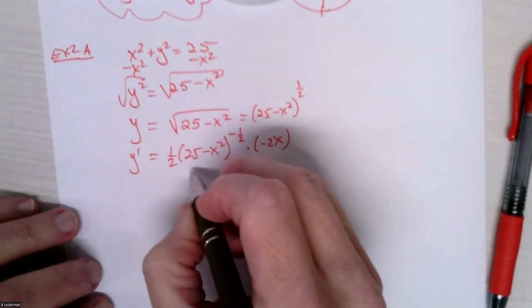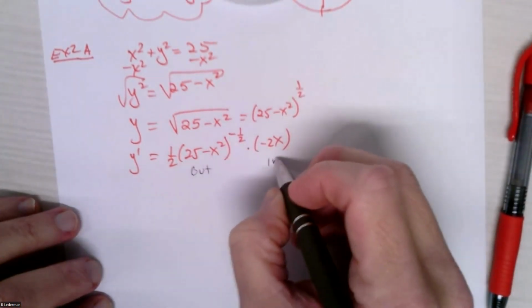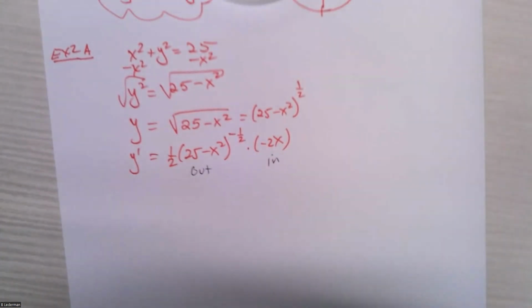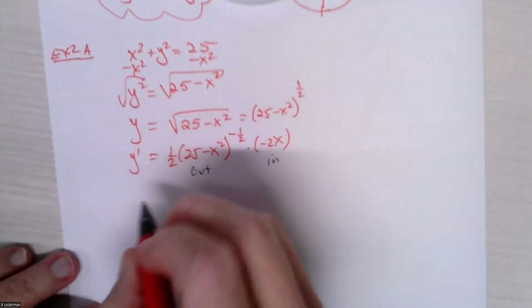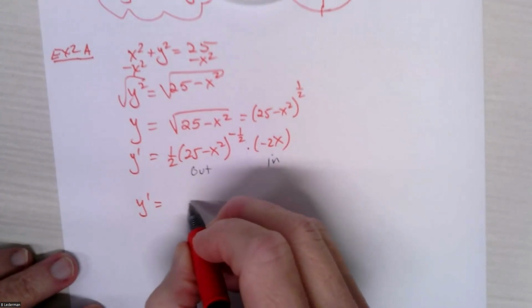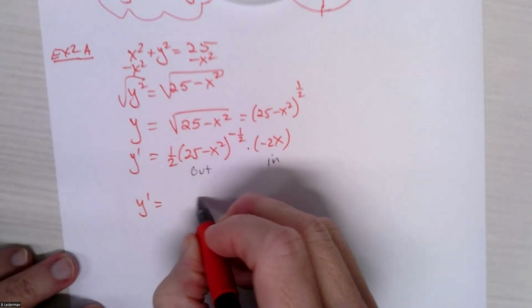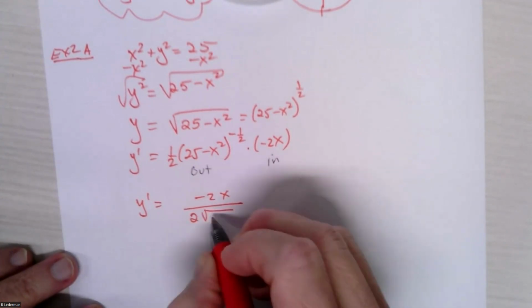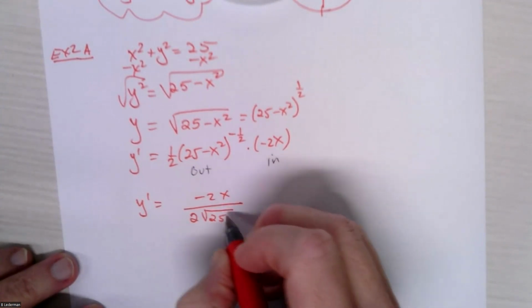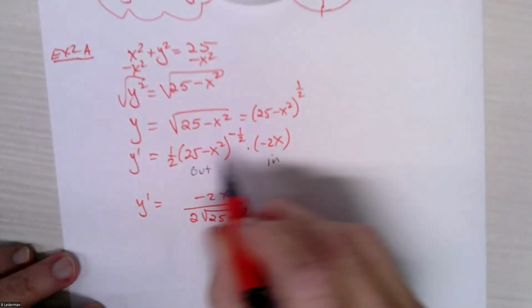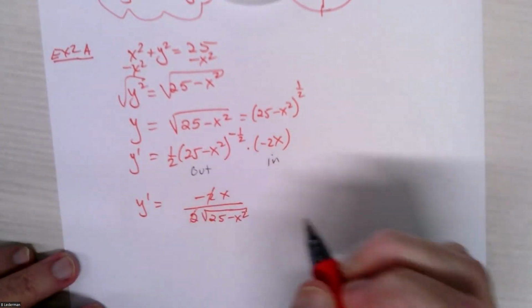Again, that's the outer and that's the inner. Let's clean this up a little bit. y prime is equal to negative 2x over 2 times the square root of 25 minus x squared. The 2's cancel.